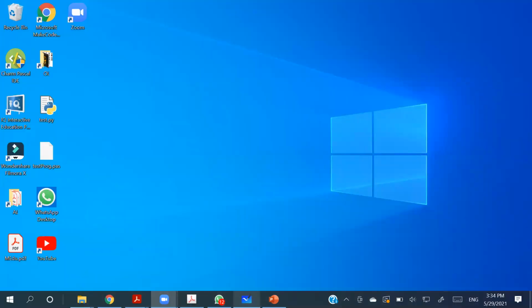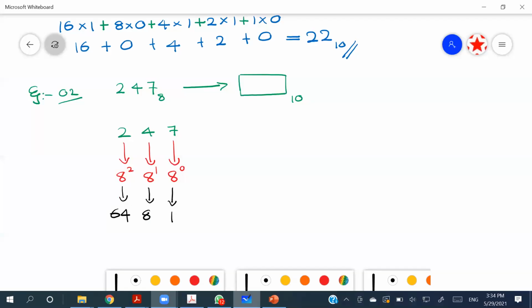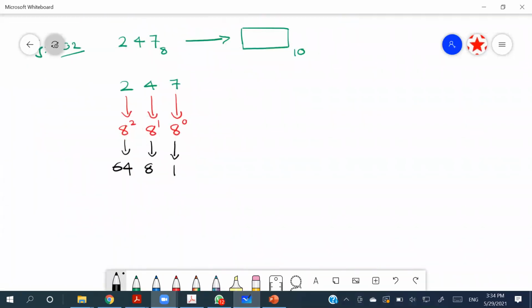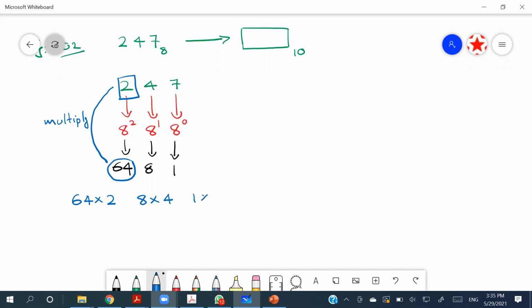Right. So then what we have to do is, again, in the very same way, we take the place value, we take the corresponding character value, and we multiply. So that means 64 into 2, 8 into 4, 1 into 7. Then we are going to add the answers.